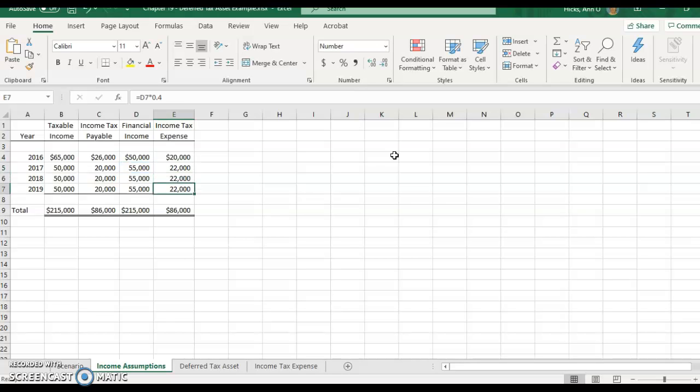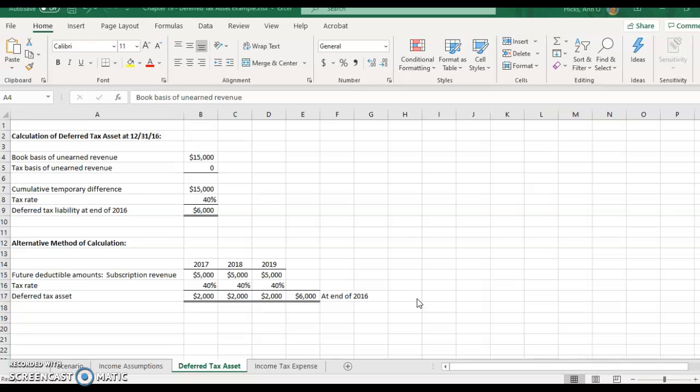Another thing to point out is you can also see that taxes for the 4-year period are the same under taxes payable and expenses. Again, it is merely a timing issue, not a difference in the expense versus the payment.